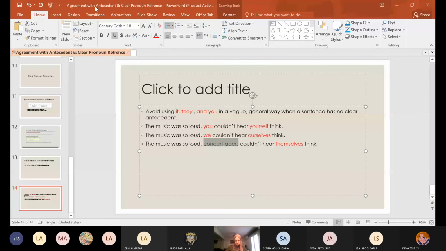Oh, okay. Ghala? Dima? Yes, teacher. Yes, Dima, number 1. In some countries, you can only praise but never criticize the government. So we agree that we do not use "you" because it's a vague way. So instead of "you", I replace it with a word.